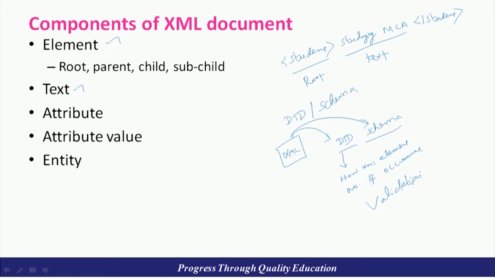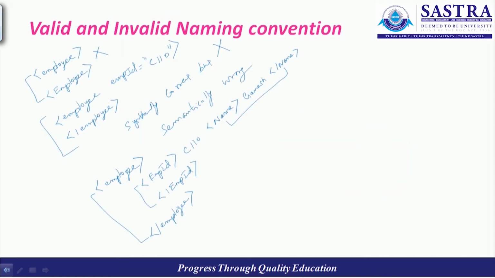I can say which one is root, which one is parent, which one is child. In our previous example, employee is a root, the root tag. EMP ID is a child for employee, and name is a subchild.